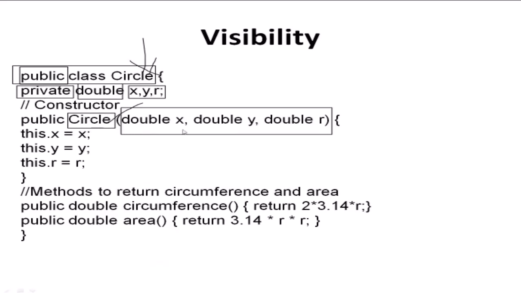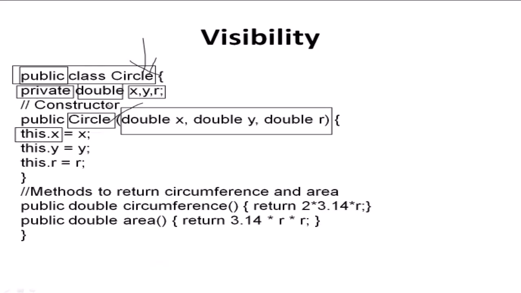A constructor having arguments is said to be a parameterized constructor. So what is a default constructor? A constructor that does not have any arguments is said to be a default constructor. Here we are using the this keyword, this.x equal to x. Whatever variables are passed by the parameter, sometimes private variables will be initialized, for example x equal to 10.